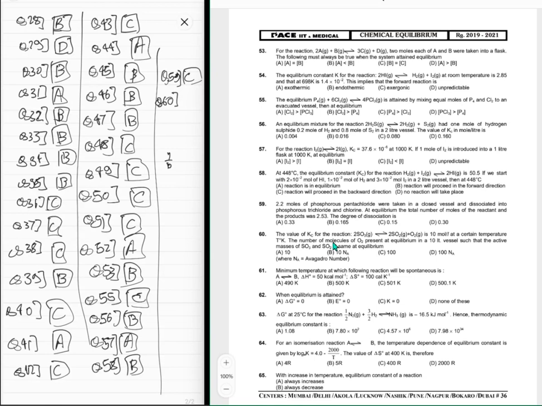No, in this case it's not 1 upon that, it's in the numerator. This is equal to 10. So it's just 10 moles. Sorry, 100 moles, yes.